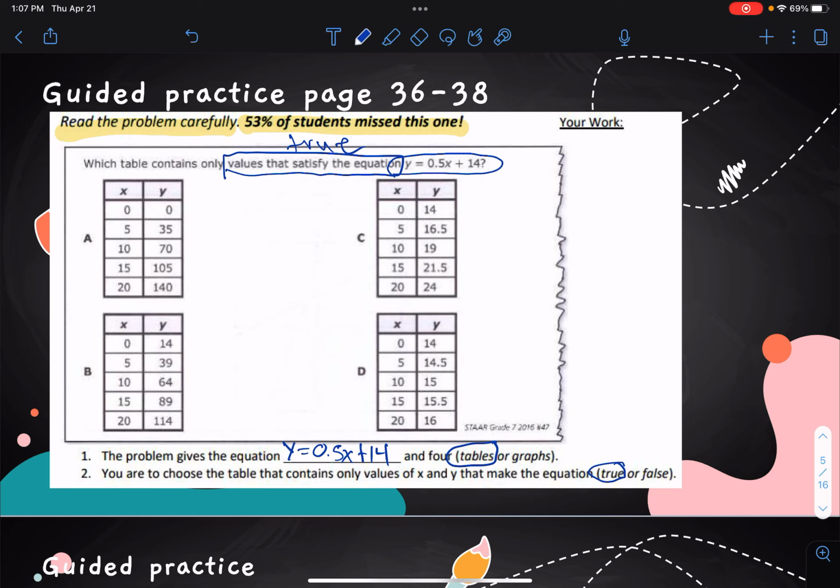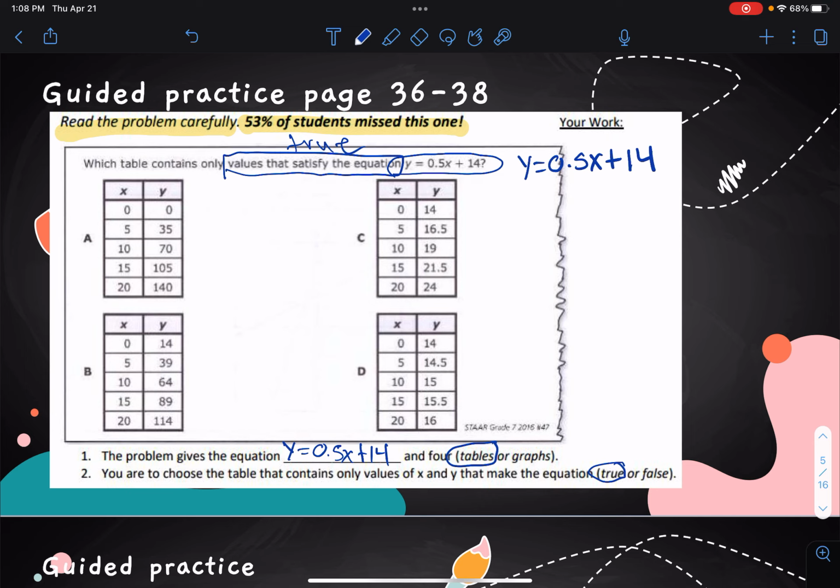So I'm going to have my work right here. Our equation is y equals 0.5x plus 14. I have to work to see which of these tables has values that are true.